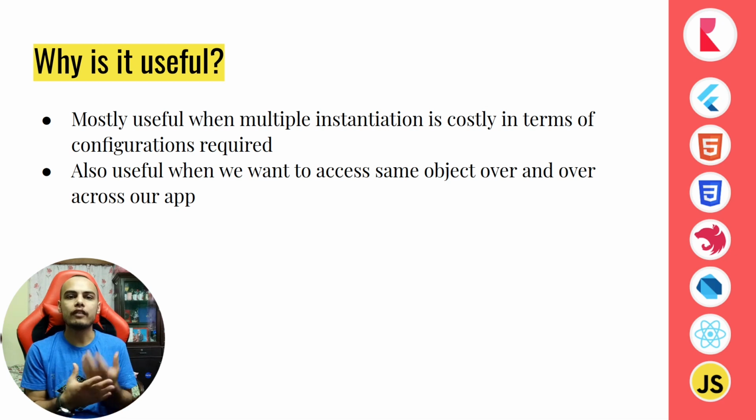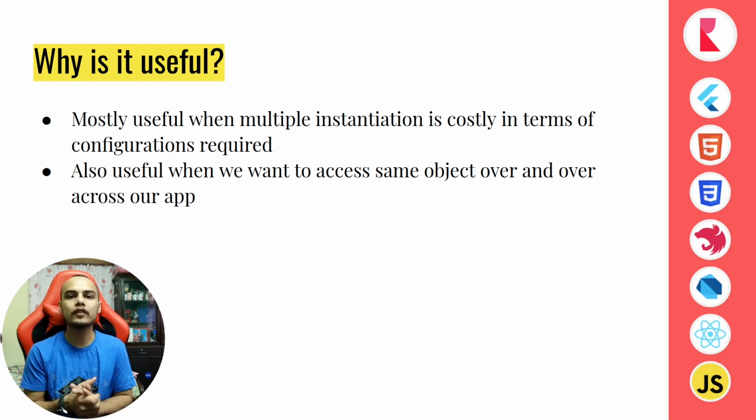If we want to instantiate a new connection, configure the connection and run it each and every time, then it becomes quite costly and performance intensive. It is not even required. So instead what we can do is create a singleton object of a database connection class, configure it and use it application wide to connect with the database.